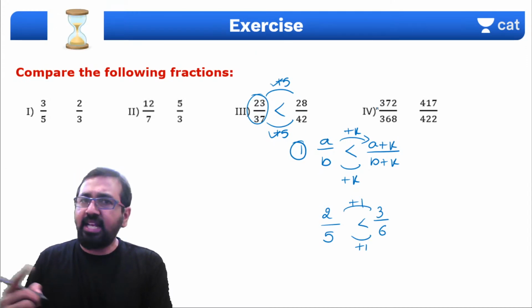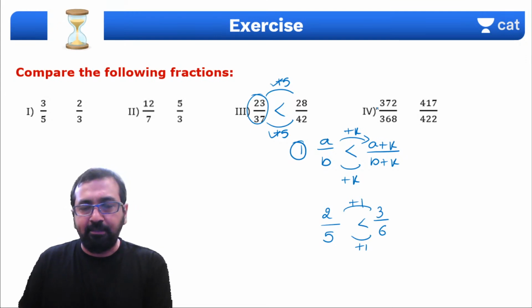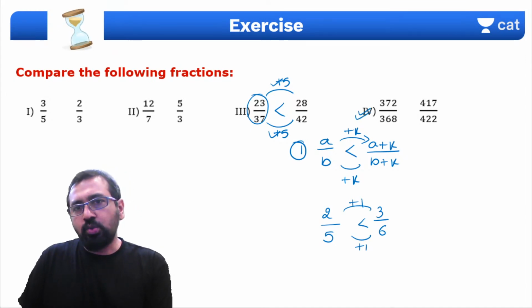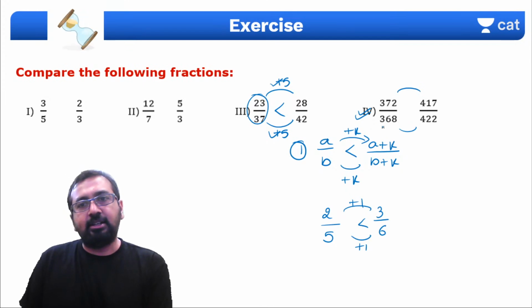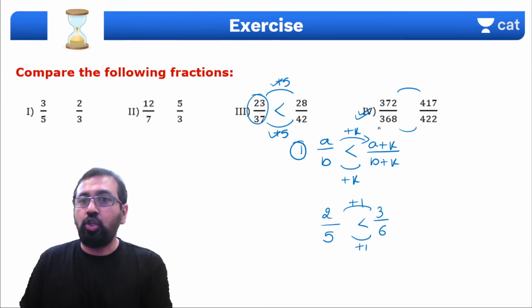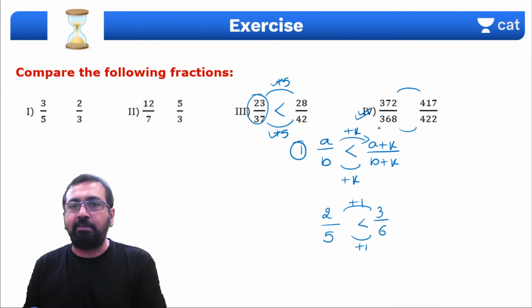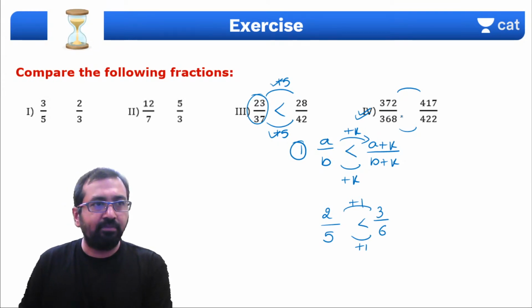I'll also give you a few more examples. Don't worry. Let's look at this one. What about the fourth fraction, which is greater? Because neither is a constant number getting added, nor can we cross multiply. So what's the other way to solve this?